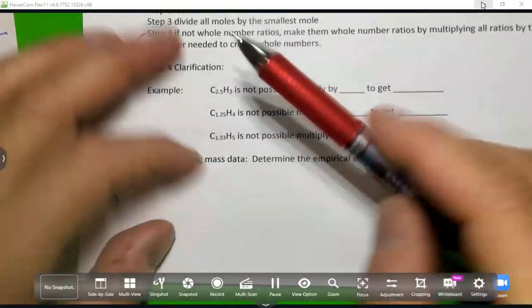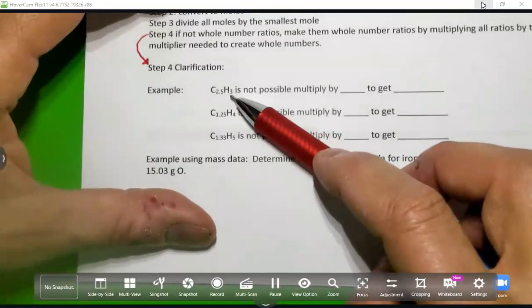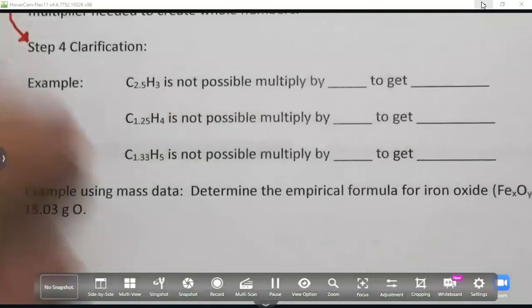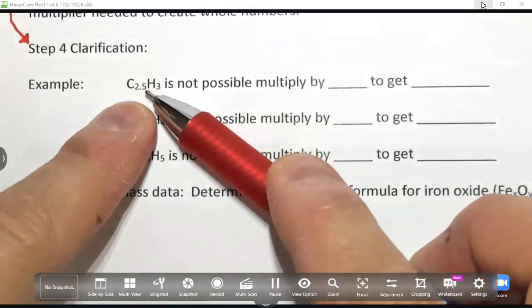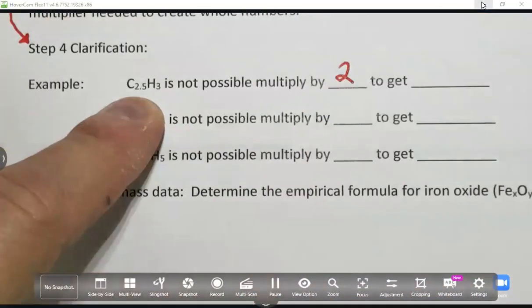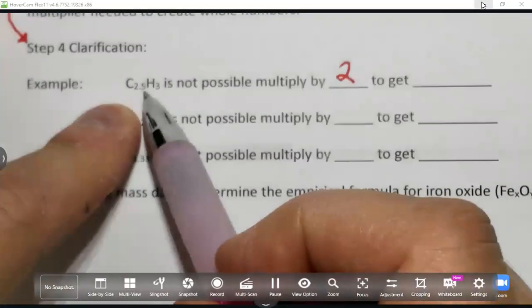If you divide them out and you get carbon 2.5, hydrogen 3, I can multiply 2.5 times 2. I've got to multiply everything by 2. That's going to create carbon.